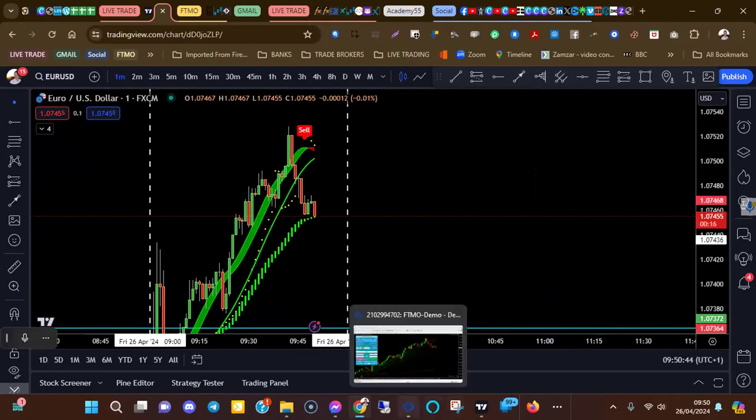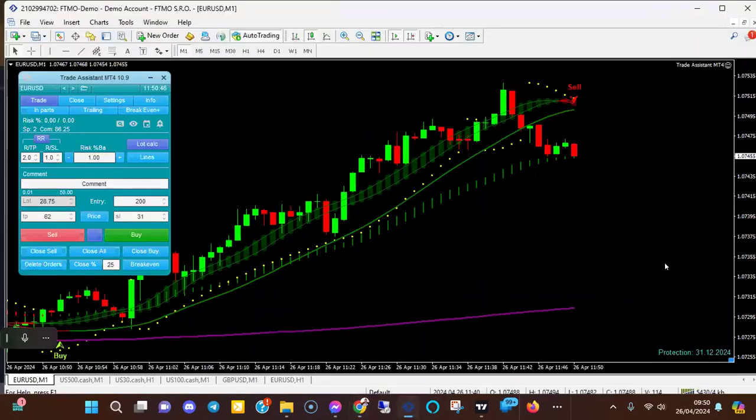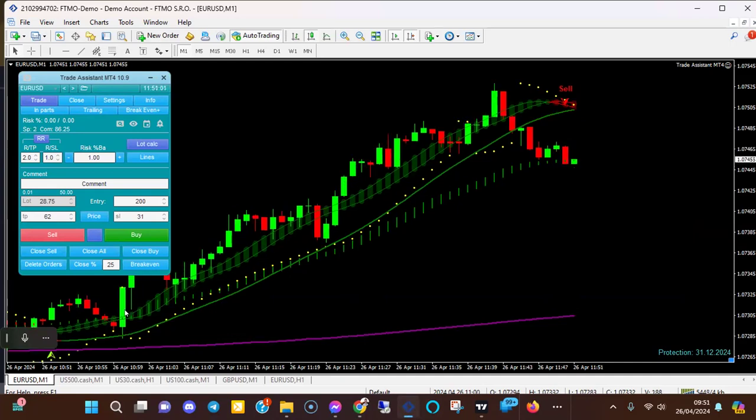Let's go back on the MT4. All right. We'll be going down to get this imbalance here and hopefully down there and revisiting the purple line. Maybe, hopefully, to get the balance back in the market.